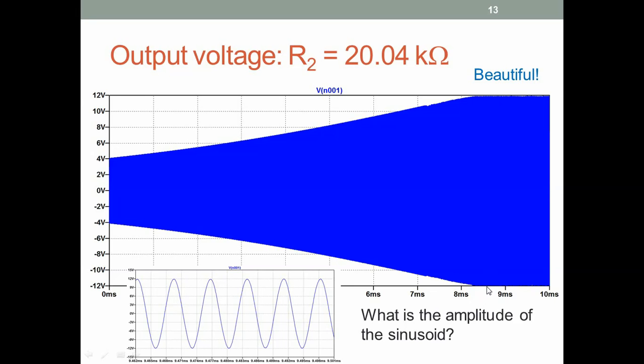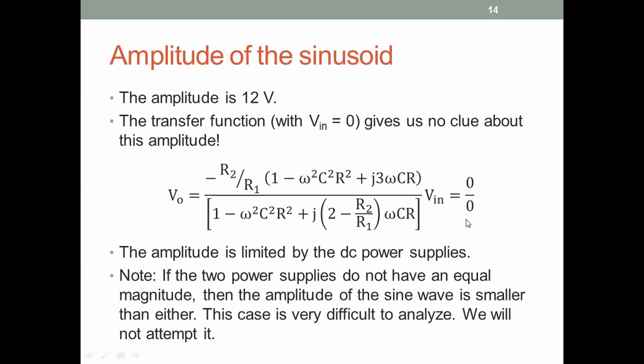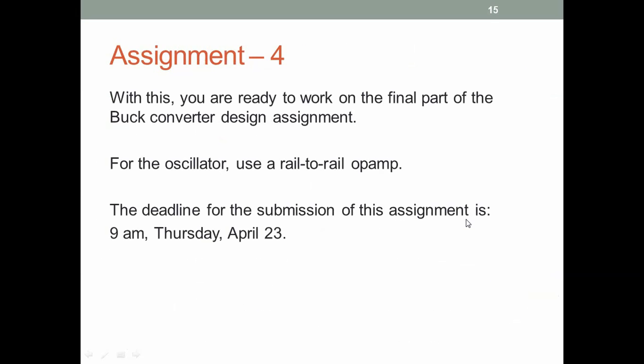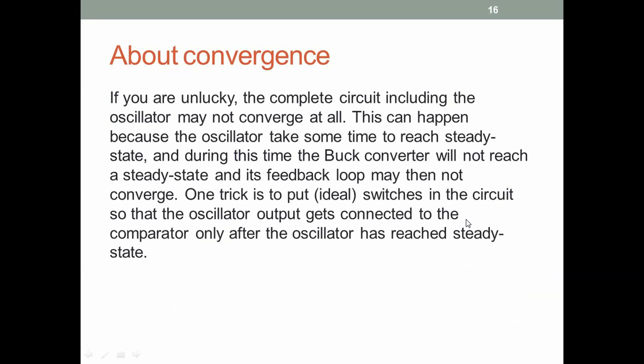So the switch connects the comparator input to 0 for the first 8.5 milliseconds, and after 8.5 milliseconds in this specific case, the comparator input gets connected to the oscillator, and then it will simulate the rest of the circuit, and hopefully that will work.